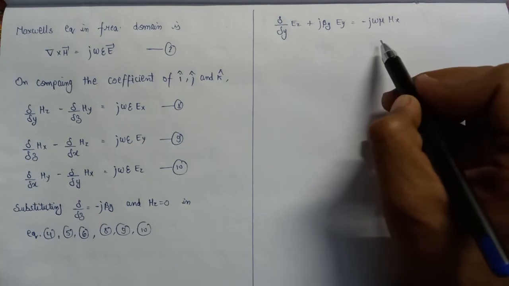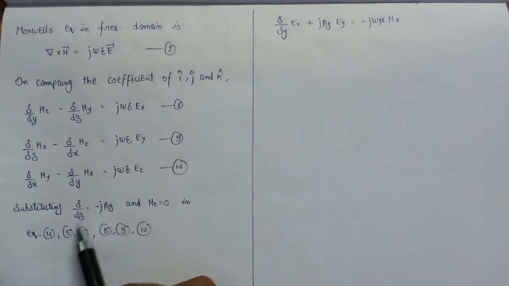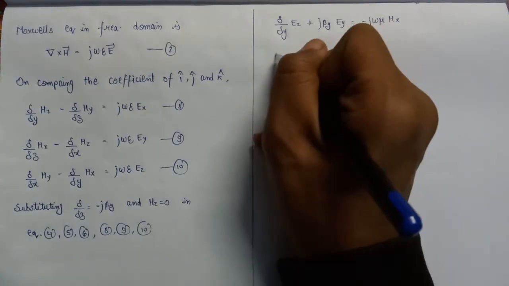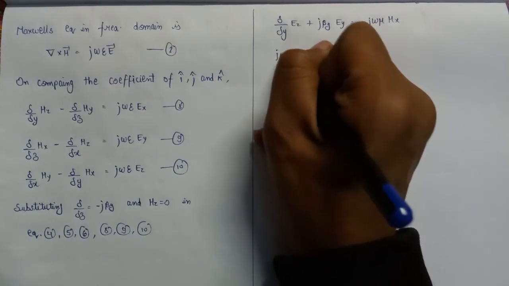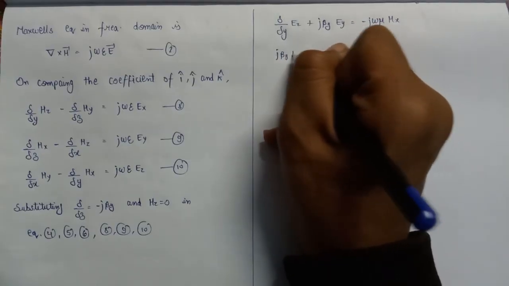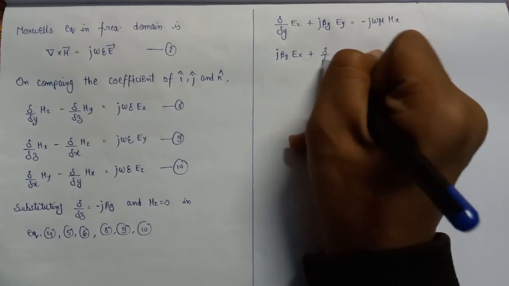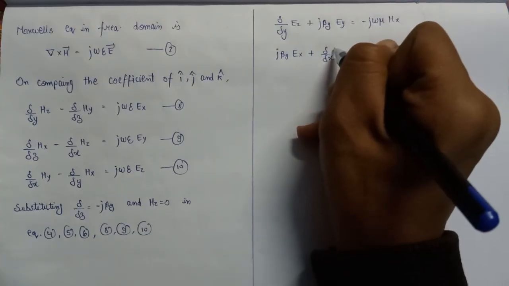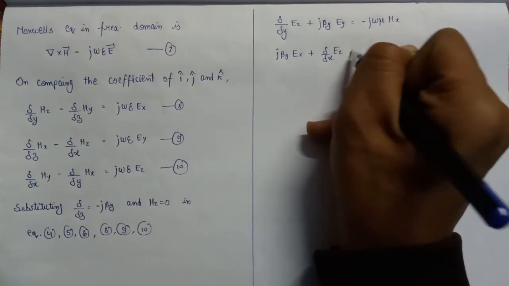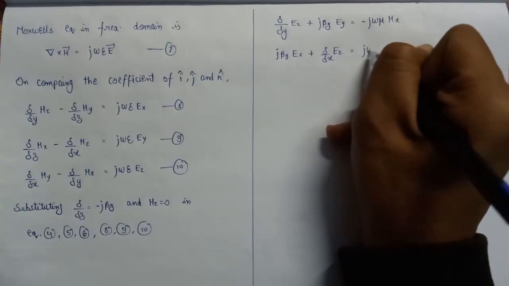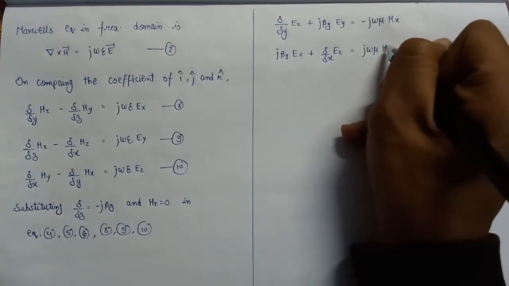This is the equation that we get after applying this boundary condition in equation number 4. Similarly, from equation number 5, we get j beta g into Ex plus del over del x into Ez equals to j omega mu into Hy.